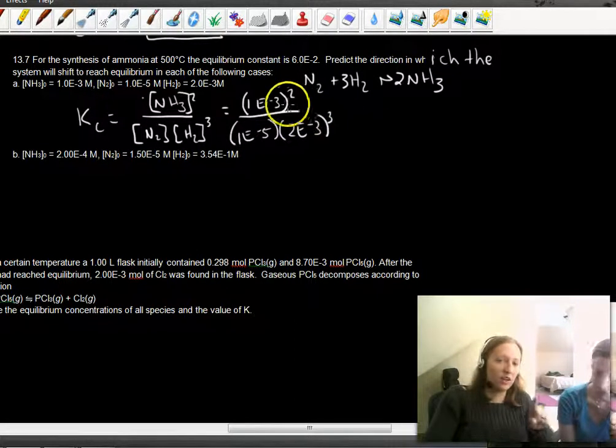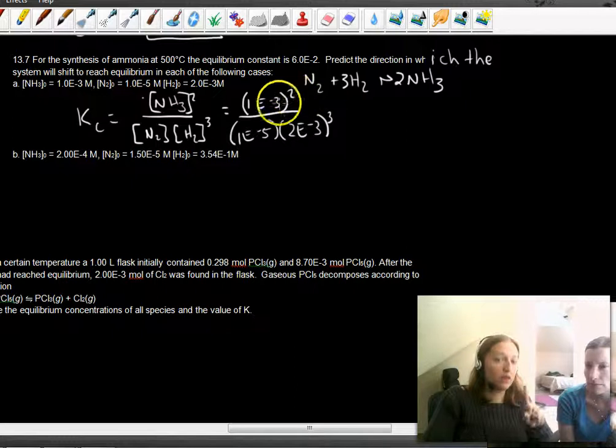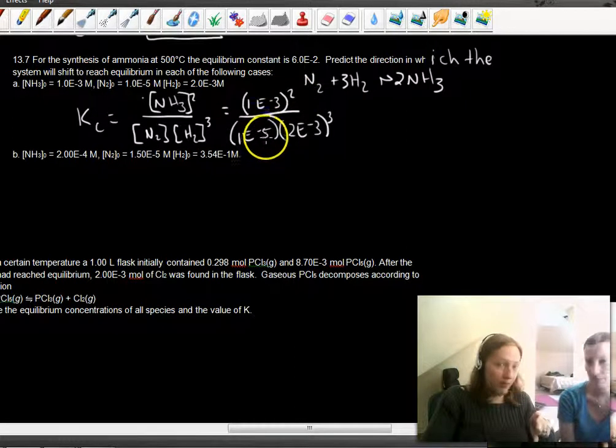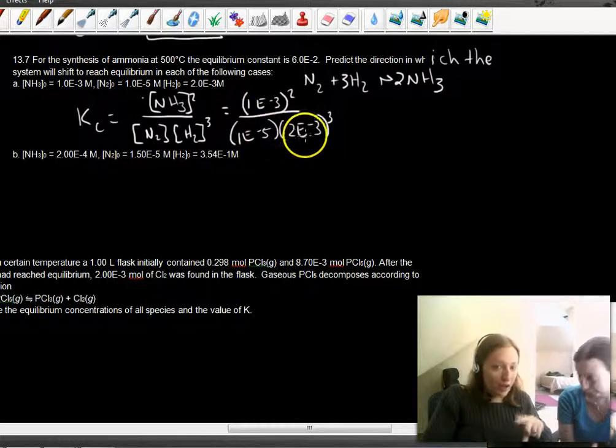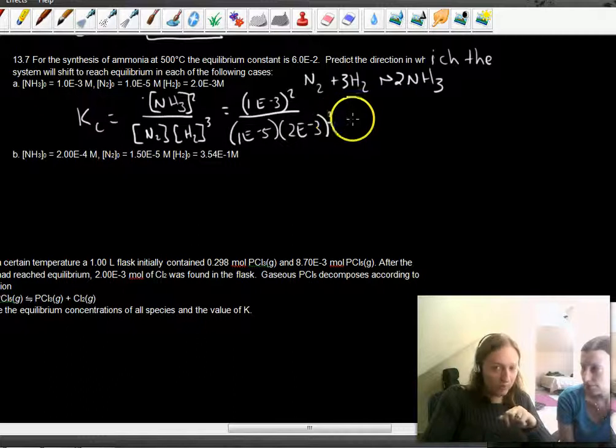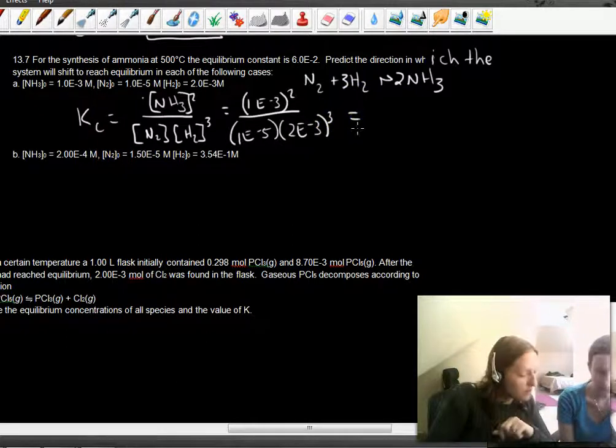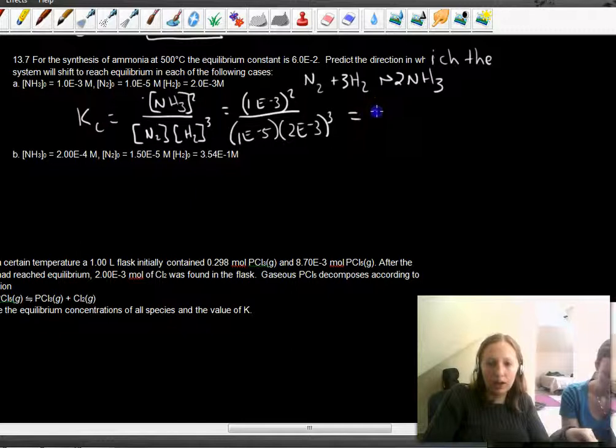So that's going to be 1 e to the negative 3 squared divided by 1 e to the negative 5 divided by 2 e to the negative 3 cubed. And you're going to end up with some number. What is it? 1.25. So 1.3 e to the 7th.